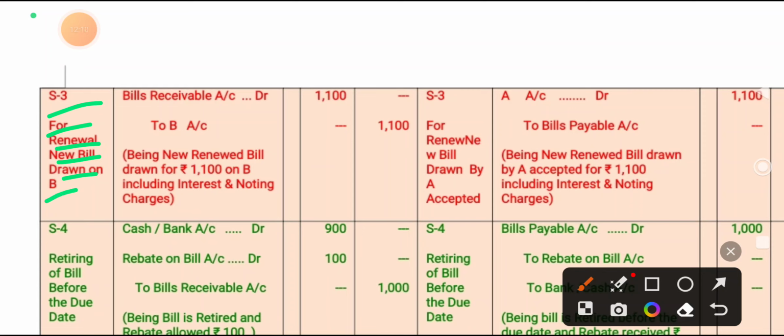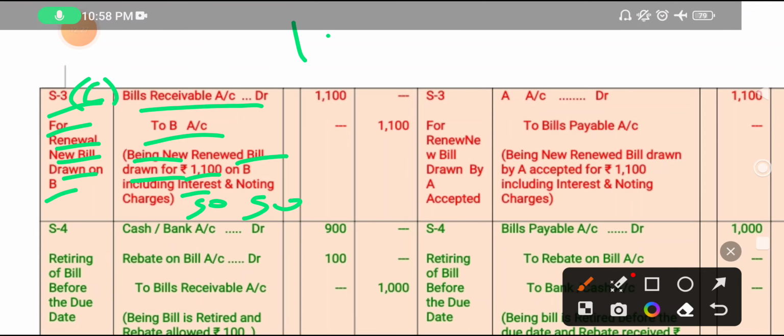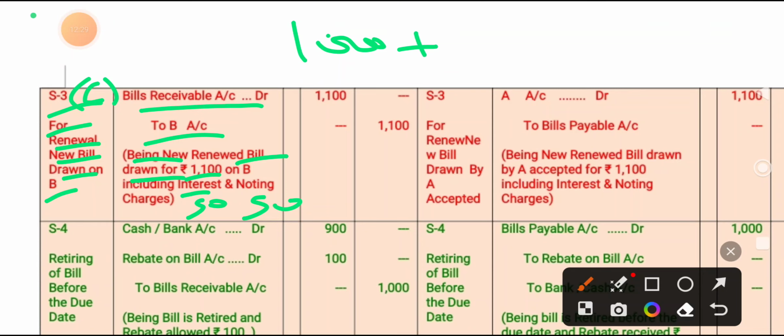Okay, so in situation 3, the third journal entry: Bills Receivable account debit to B account, being new bill drawn for rupees 1100, including interest 50 rupees and noting charges 50 rupees. The old bill amount is 1000 plus 50 rupees noting charges.